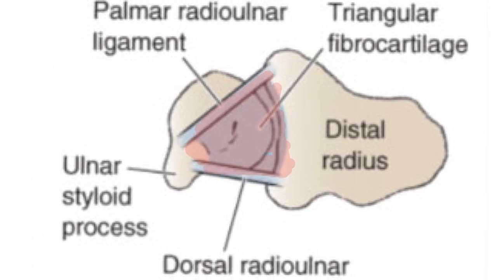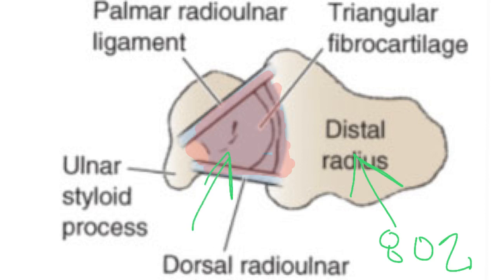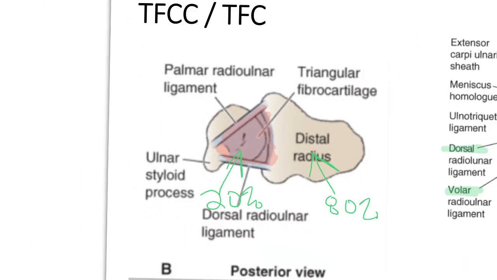It does help to absorb shock, and it helps to absorb some of the load. However, we'll talk about this on, I think, the next slide, that still most of the force, about 80% of the force with compression, is going to be going through the distal radius, whereas only about 20% is going to be going through the TFCC. So there you go.